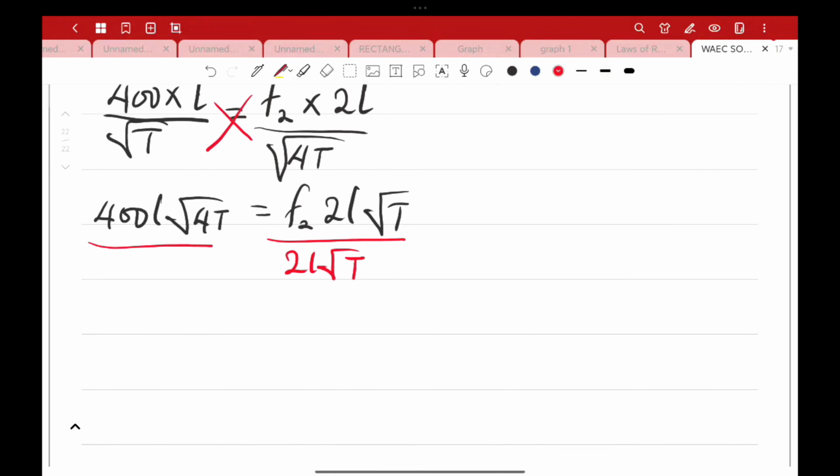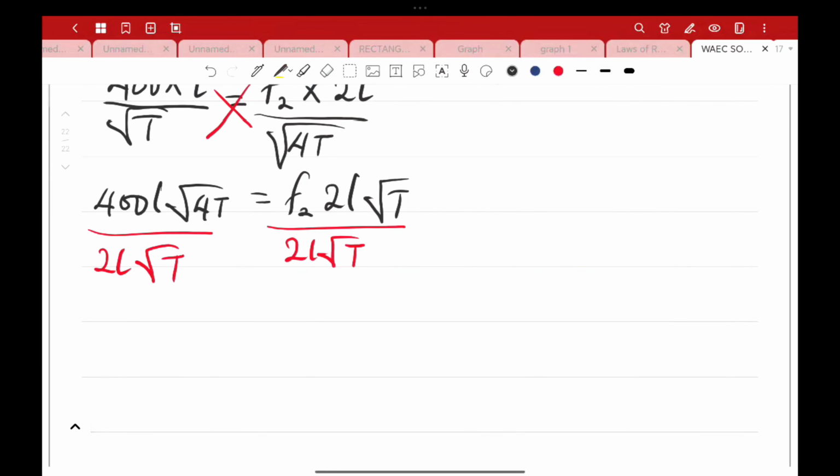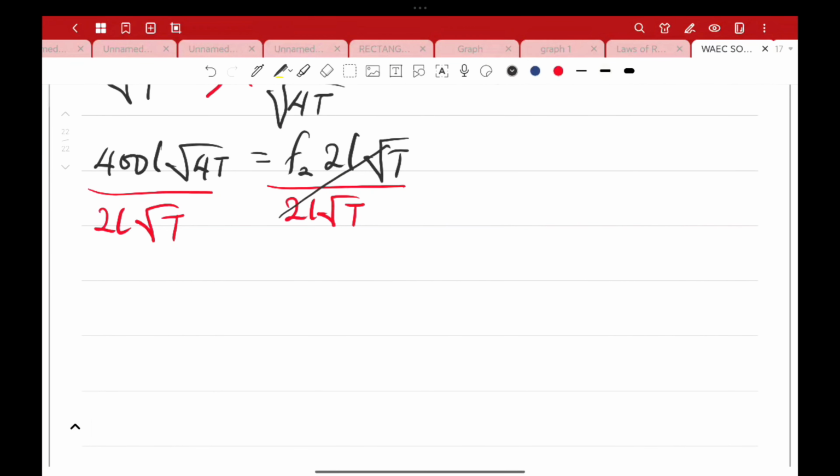So this will cancel out that. Then what are we left with here? We are left with F2. Okay, let's write it properly now. F2 is equal to 400L multiplied by the square root of 4T, all divided by 2L multiplied by the square root of T. Okay, from now let's reduce our values.